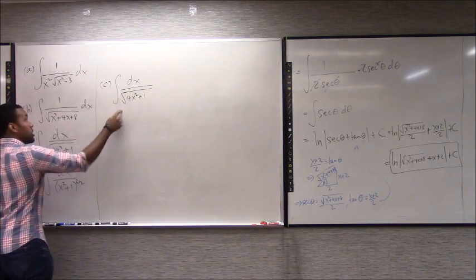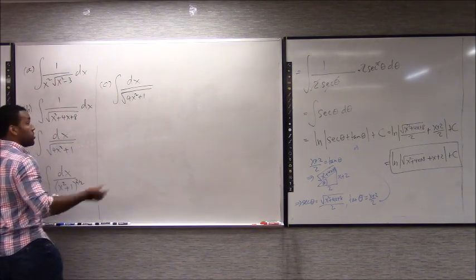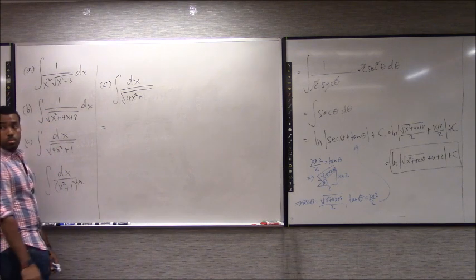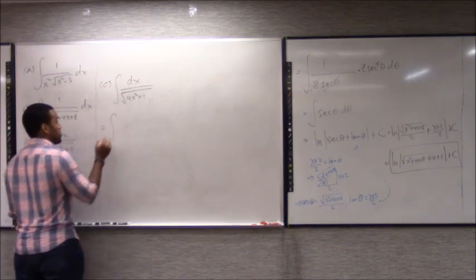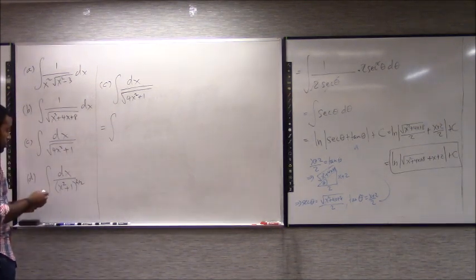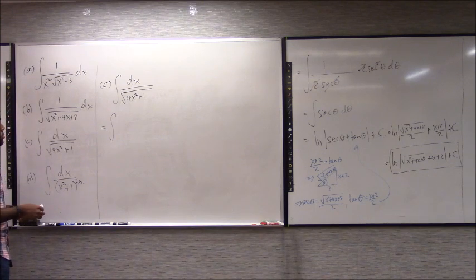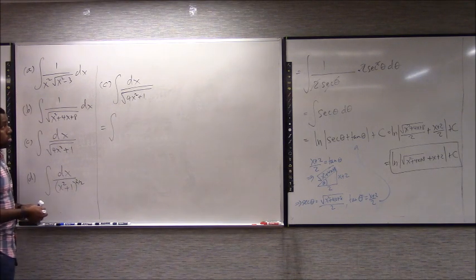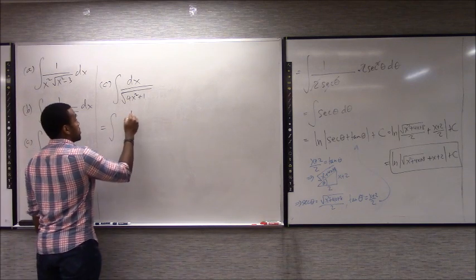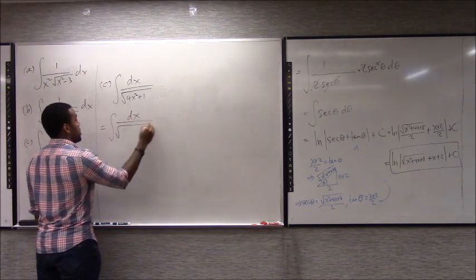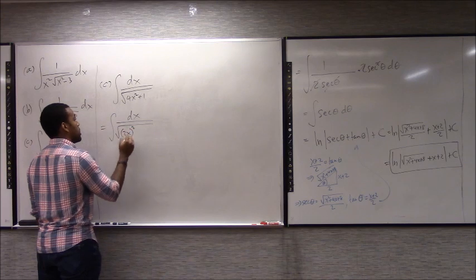Okay, this one, what do we do? Yeah. So the 4x squared you think of as 2x squared plus 1?